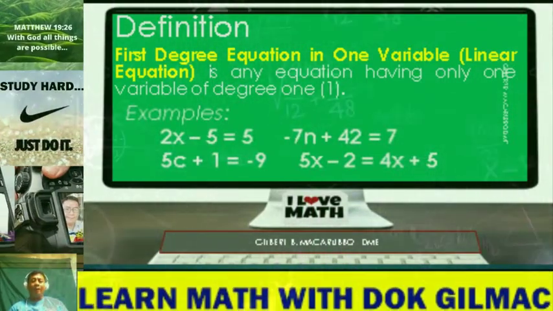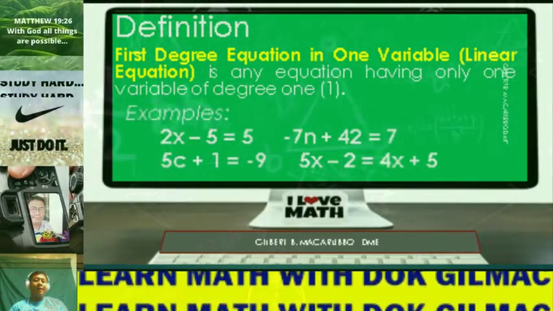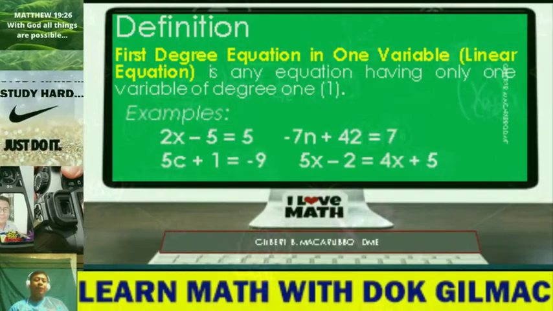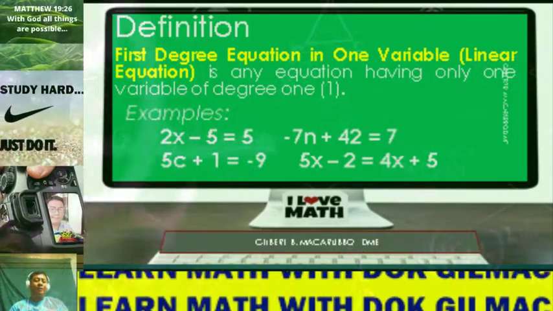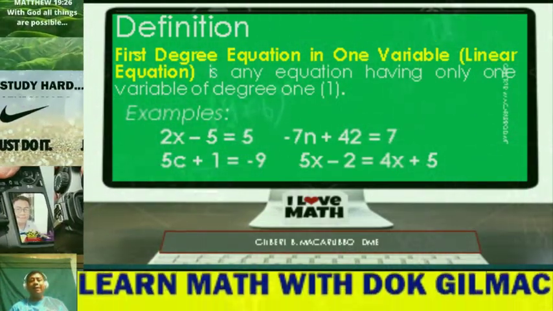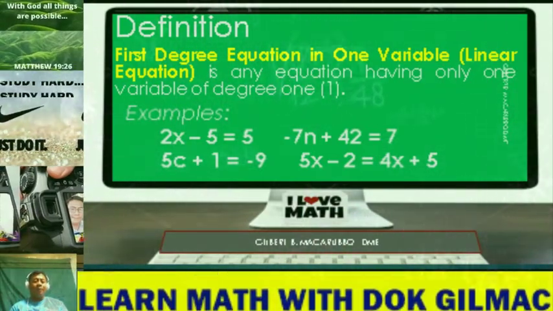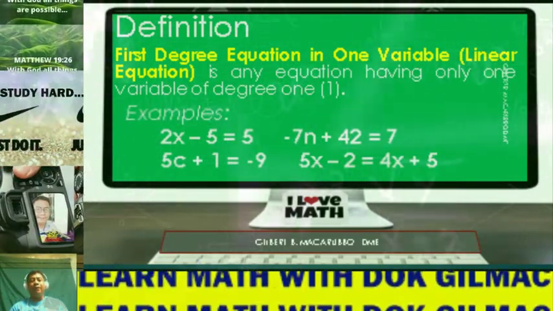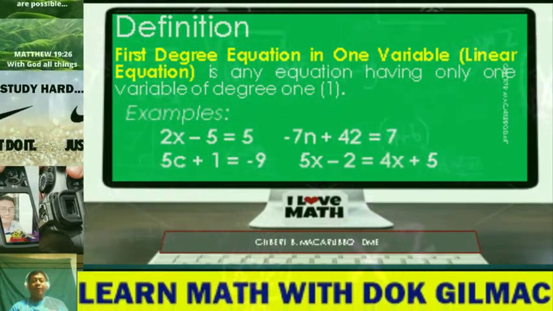Examples: 2x minus 5 equals 5, 5c plus 1 equals negative 9, negative 7n plus 42 equals 7, 5x minus 2 is equal to 4x plus 5. These are all examples of a first degree equation in one variable, since all of the variables involved here have a degree 1. So take note of that.